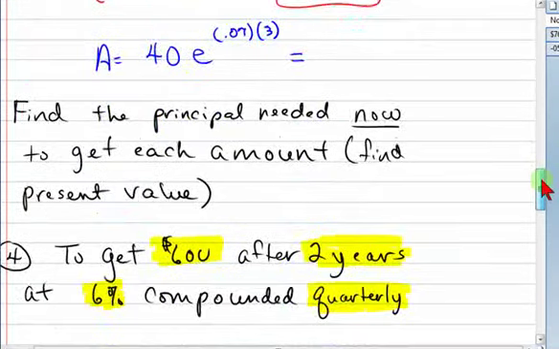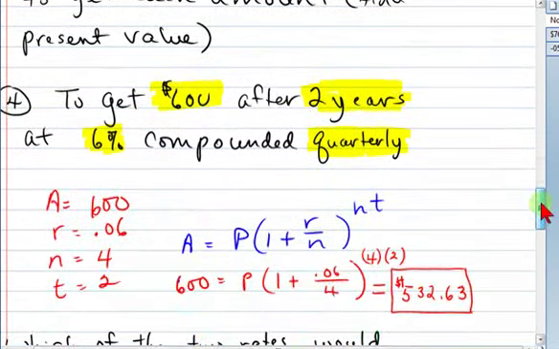All right. Here's a little bit different kind of question. Find the principal that you need now to get each amount. In other words, you want to have $600 after 2 years. So how much money do you need to put in the bank to get that? You're going to leave it 2 years. It's going to be compounded quarterly at 6%. So if you write down what your parts are, that's here. The only difference is the 600 is no longer your principal, it's your A. So put that in.